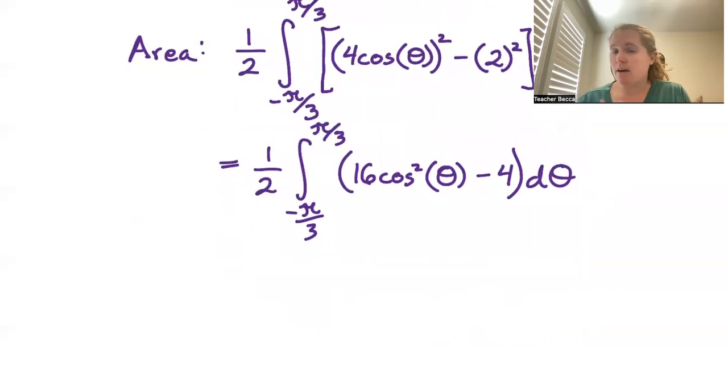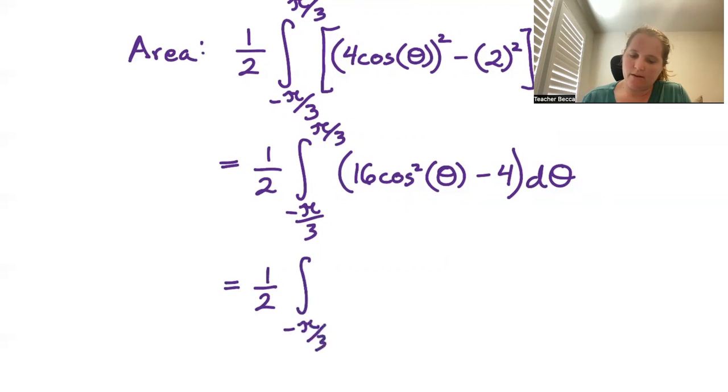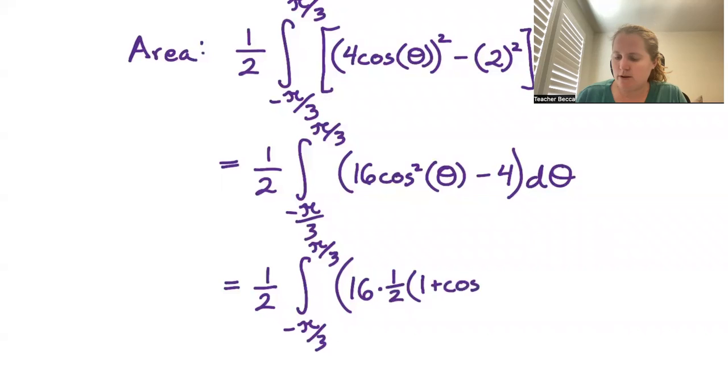If you want, we can solve this by hand using our power reduction tricks. So we have 1/2 times the definite integral from negative pi over 3 to pi over 3 of 16 times cosine squared theta, which is equal to 1/2 times 1 plus cosine of 2 theta.